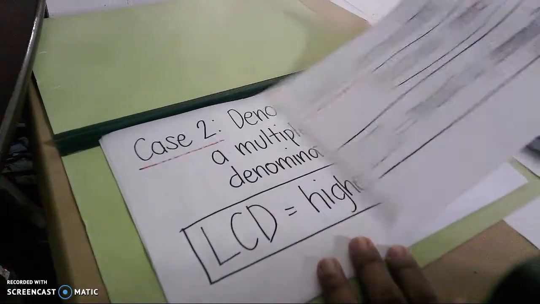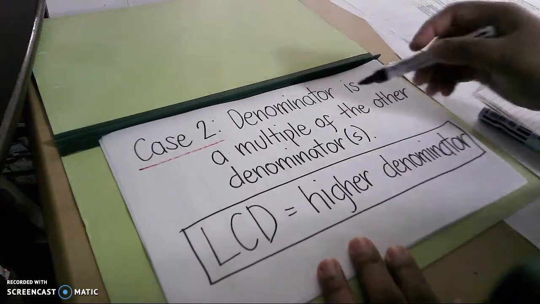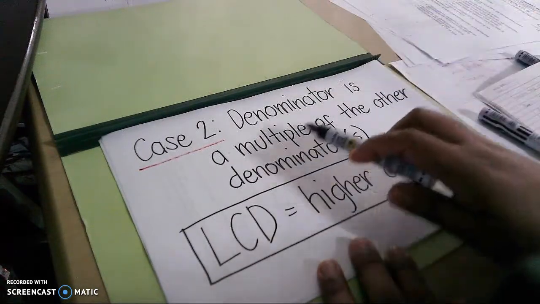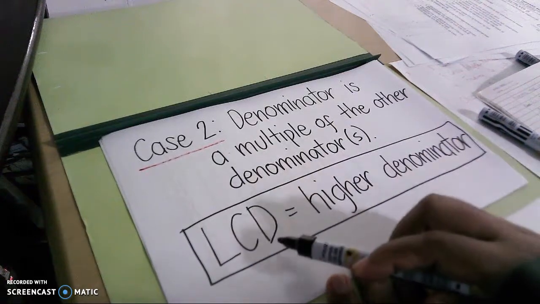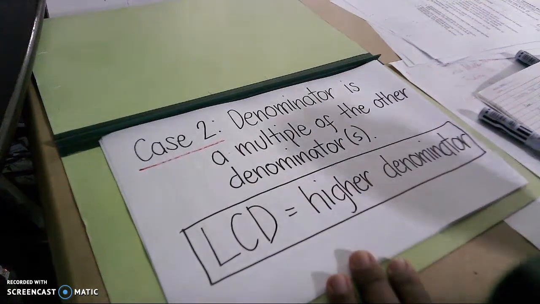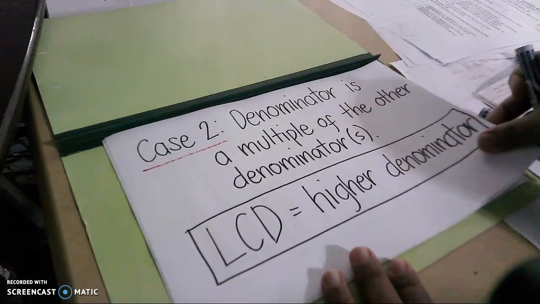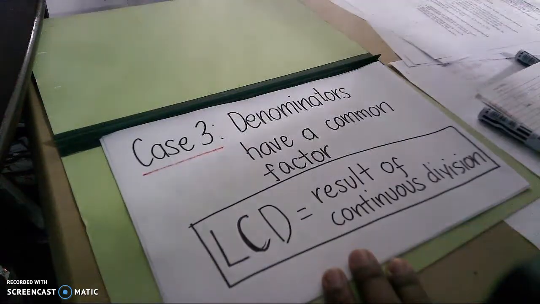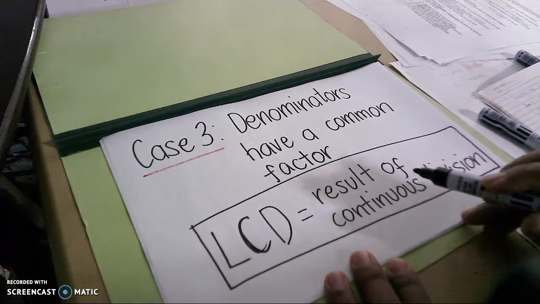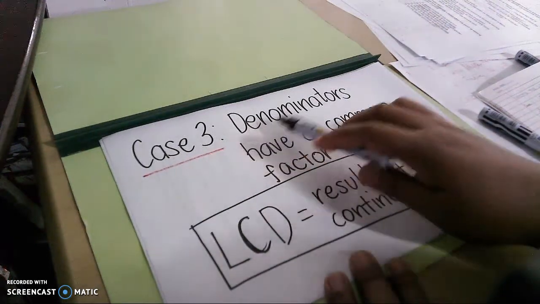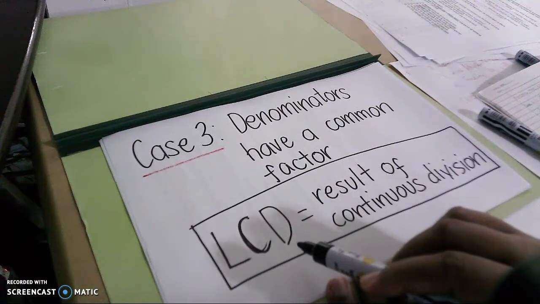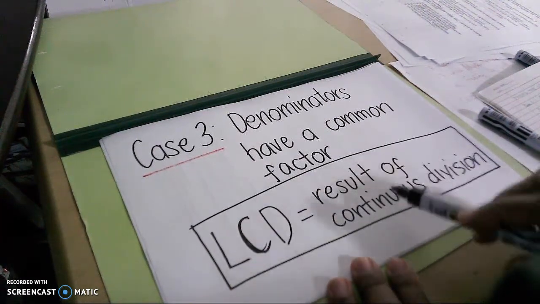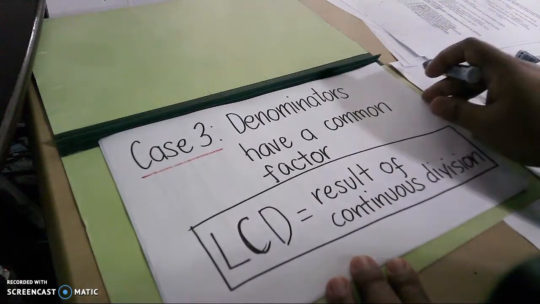For case 2, we have the denominator is a multiple of the other denominators. In this case, the LCD is just the higher denominator. And for the last case, we have case 3, denominators have a common factor. In this case, we have the LCD as the result of continuous division.